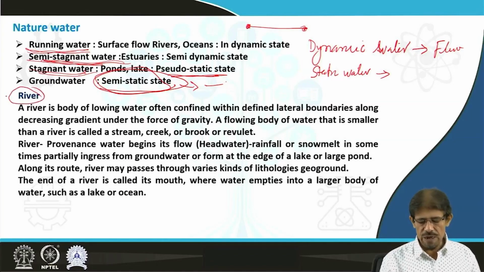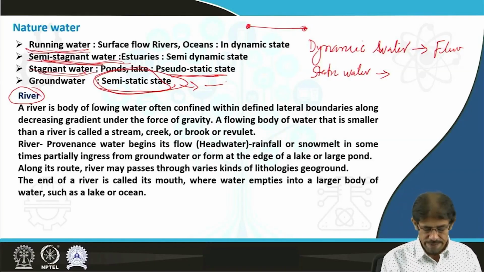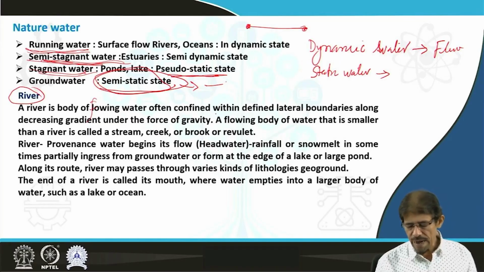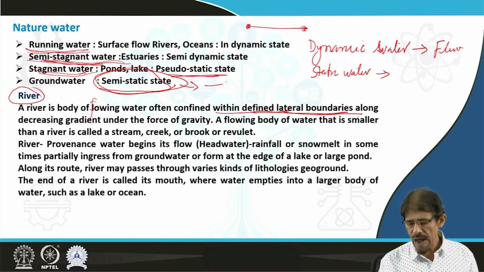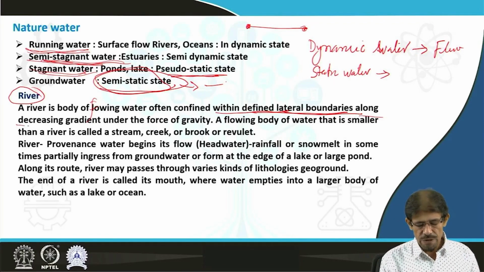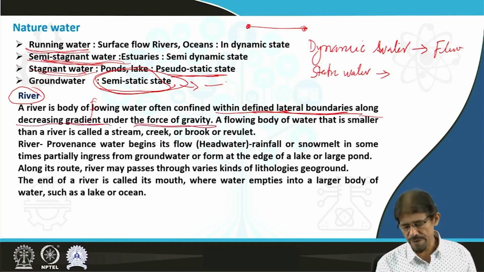A river is a body of flowing water confined within defined lateral boundaries, which we recognize as banks, and following the decreasing gradient under the influence of gravity.